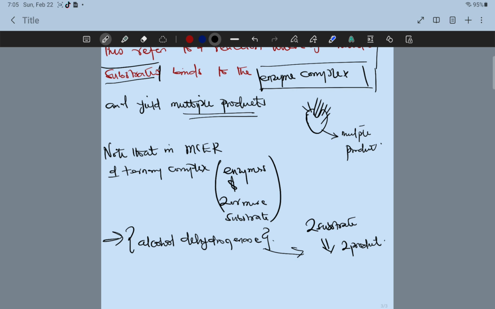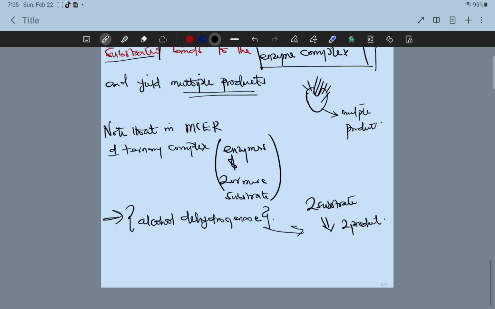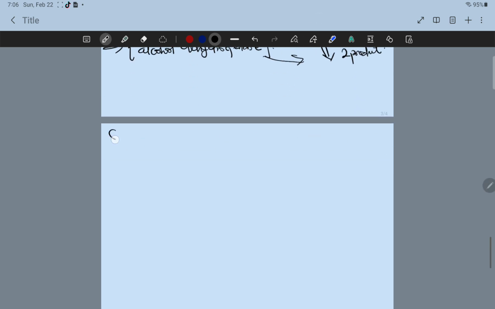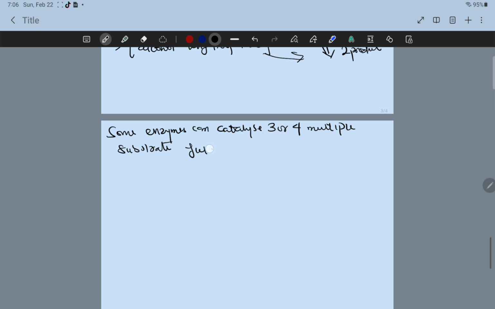We also have enzymes that can catalyze 3 or 4 substrates and yield products.